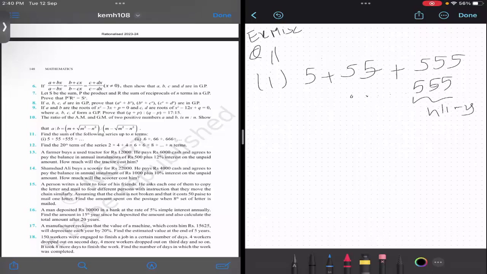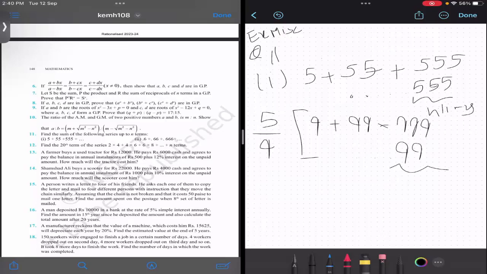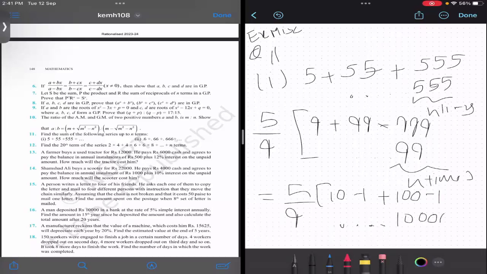Taking out 5 by 9 common from this, if you take out 5 and multiply this by 9, this will be outside, inside it would be 9 plus 99 plus 999 up until 9 n times. Correct. You can write 9 as 10 minus 1, 99 as 100 minus 1, and this as 10 to the power n minus 1.